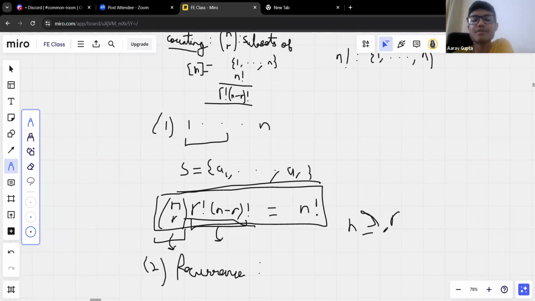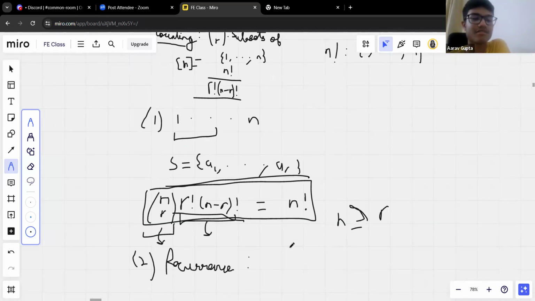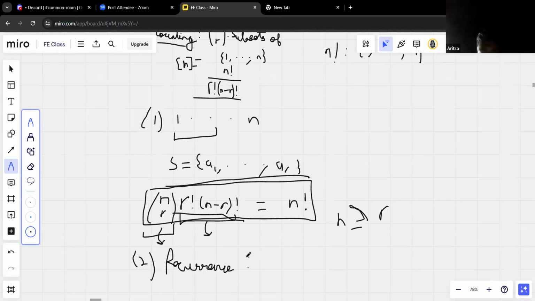In recurrence, you prove this result for r equal to 0, r equal to 1, and then prove that if it is true for r equal to i, then it is true for r equal to i plus 1, which is basically induction. Technically we will do strong induction or weak induction, but you get the point. We should first prove that this is true for one.